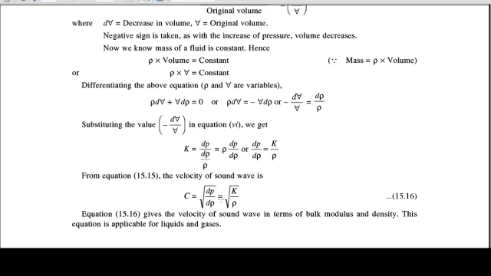So c is equal to the square root of K upon rho. This is our next equation. So this equation gives the velocity of the sound wave in terms of the bulk modulus and the density. Okay, this equation is applicable for liquids and gases.